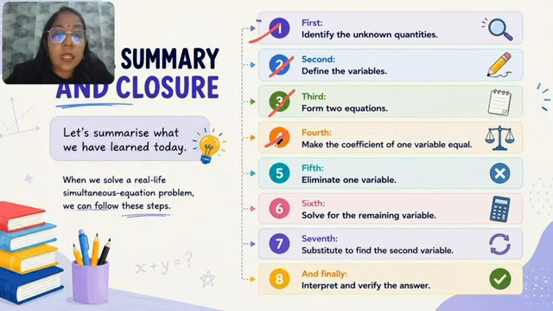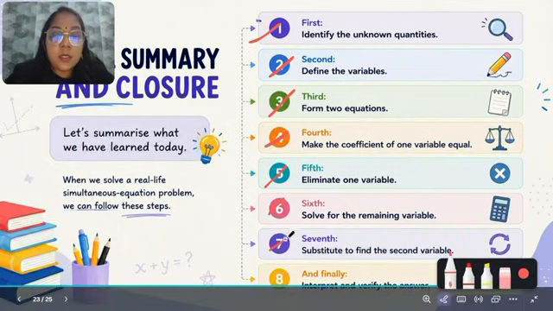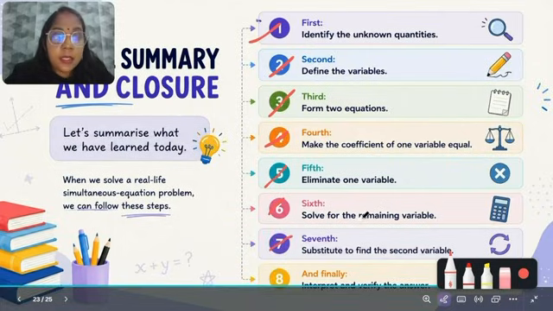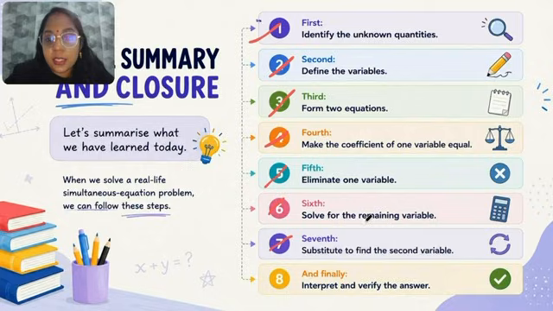Fourth, make the coefficients of one variable the same. Fifth, eliminate one variable. Sixth, solve for the remaining variable. Seventh, substitute to find the second variable. And finally, interpret and verify the answer.